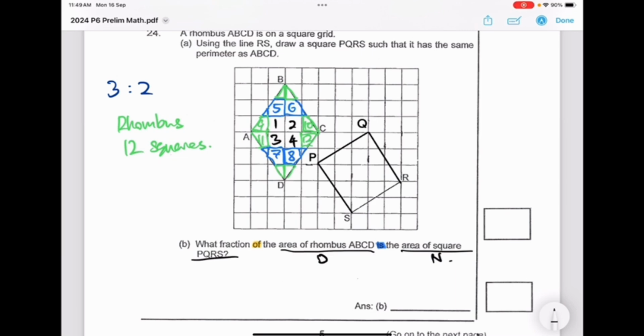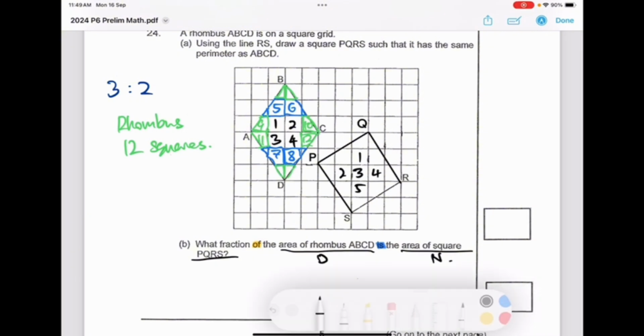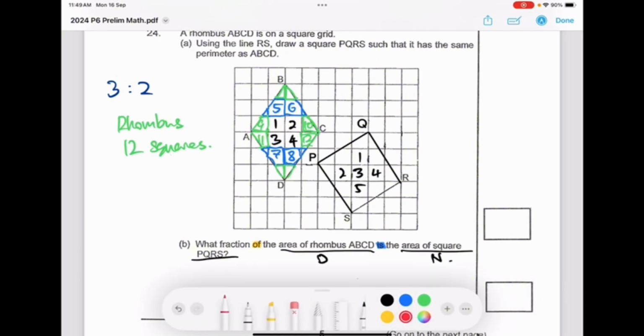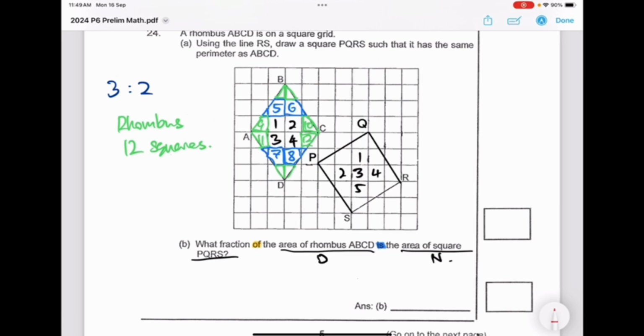Now moving on to square PQRS, I want to count the number of whole squares I have inside as well. So I would have 1, 2, 3, 4 and 5 over here. Now looking at the rest of the parts, I want to do the exact same thing I did with my rhombus, which is to count the number of parts that add up to a whole square. So I have 1 over there, 2, 3, 4.